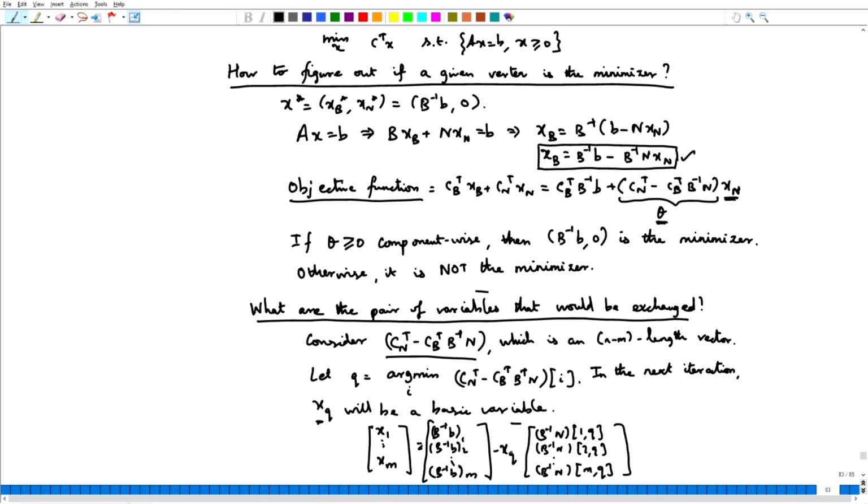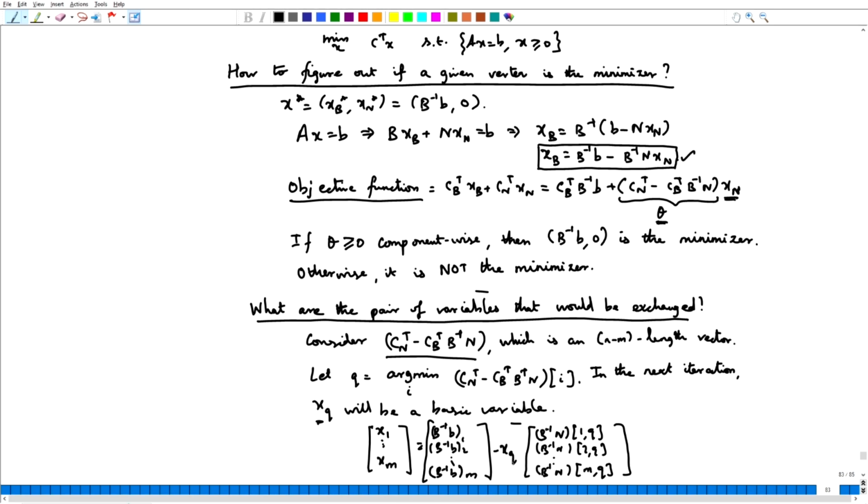So, suppose B inverse N of (i, q) is less than 0. Then the particular value of x_i is only going to increase. Suppose B inverse N of (1, q) were negative. I do not need to bother about x_1 being 0, because x_1 was positive initially.